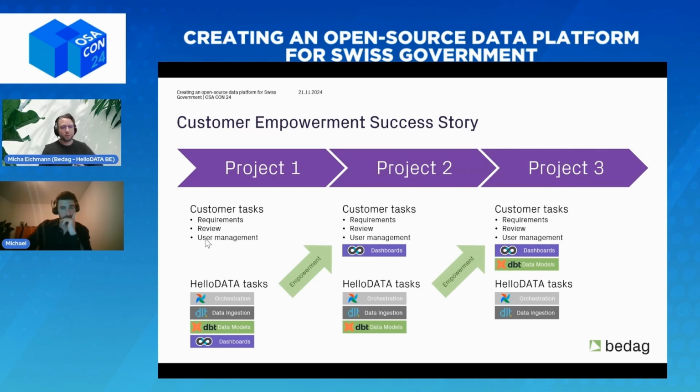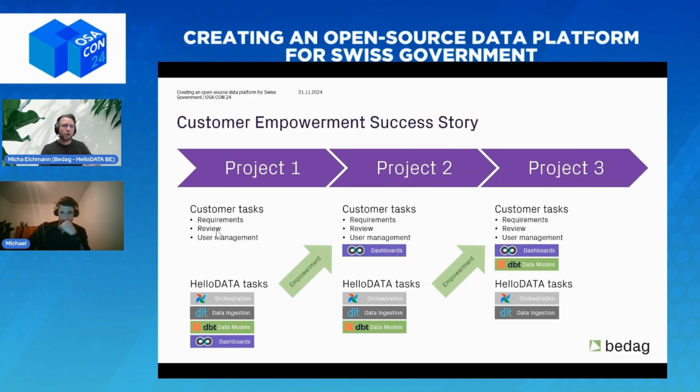So we did the orchestration, we did the data ingestion, we did the whole transformations with the data models in the data warehouse, and we built the dashboards in Superset in the end that could be consumed by the viewers. Now, of course, they had to review everything we built, and the way that is possible is that everything we did is completely transparent.